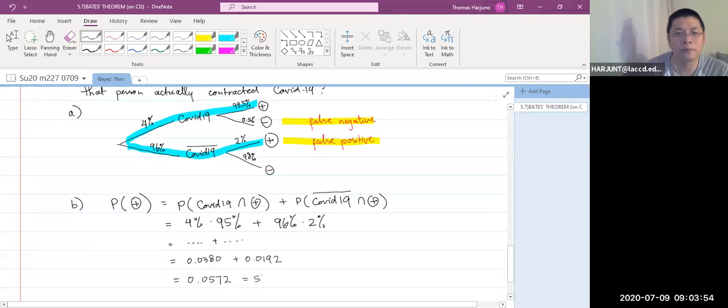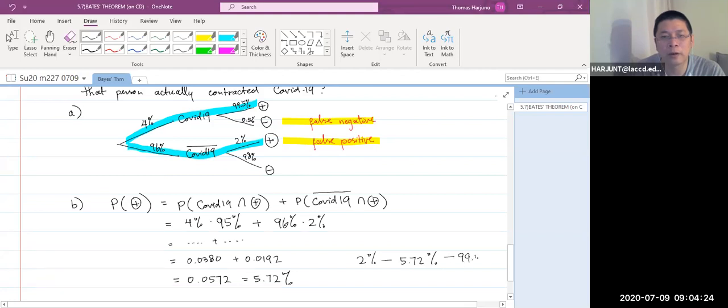So 5.72% of those people who take the test will be tested positive. Notice that this 5.72% is between 2% and 99.5%. Oh, I'm sorry, this should be 99.5. So I miscomputed there. This should be 99.5%. So I miscomputed here.